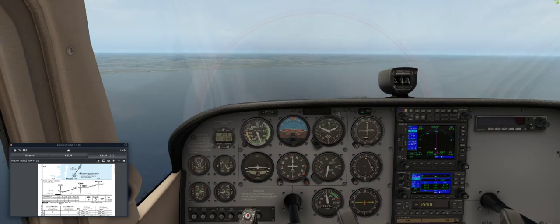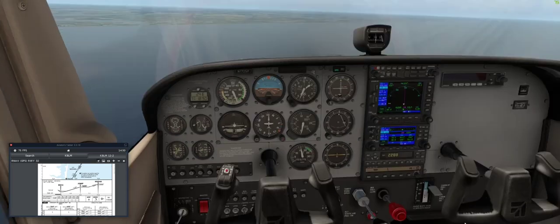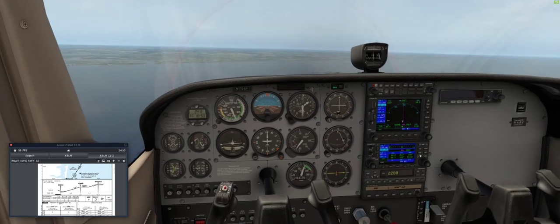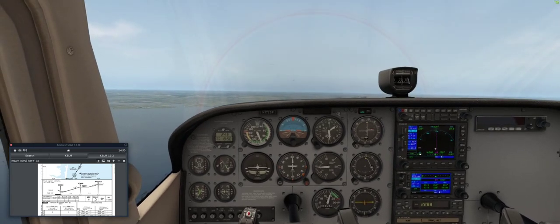Oh, and you can see me making slight adjustments to our gyros versus our magnetic. I did that because I saw that we're not quite on the line. What did I say? 1,600, and we're there. Overshot it a little.